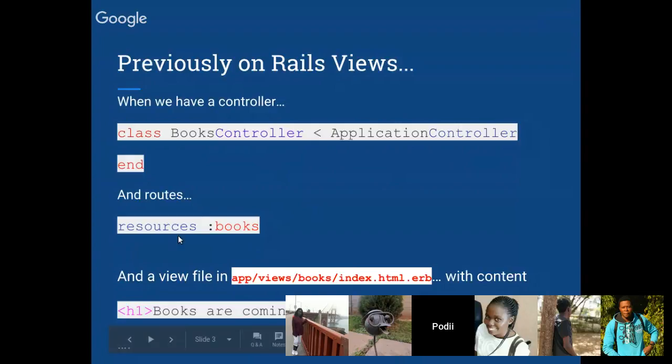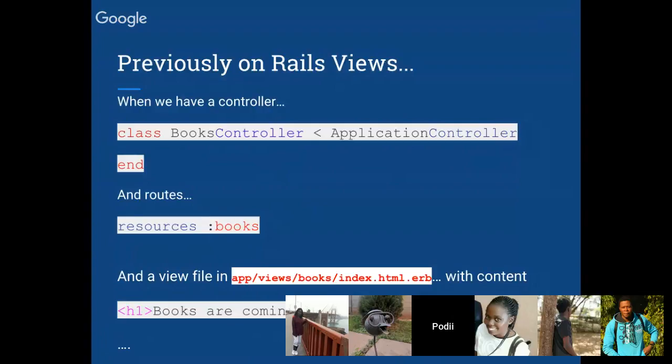So we have the routes resources books, and we have the view file in app/views/books/index.html.erb. That's just a path to where this index file is, with the content "books are coming soon". If I want to go to this path, this is the content I'm going to see because the controller is somehow linked to the template.